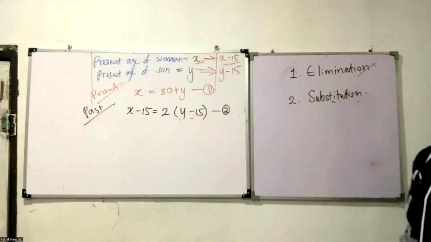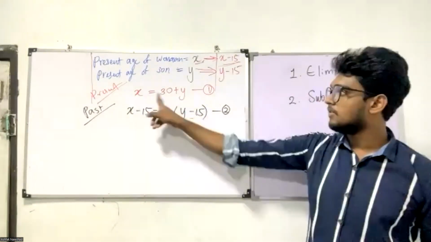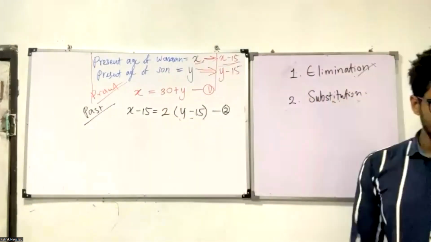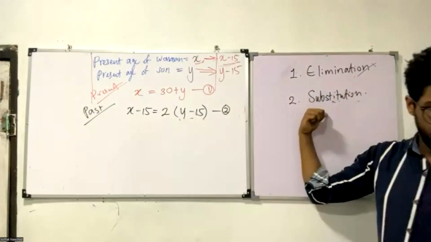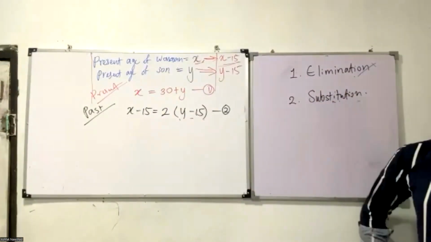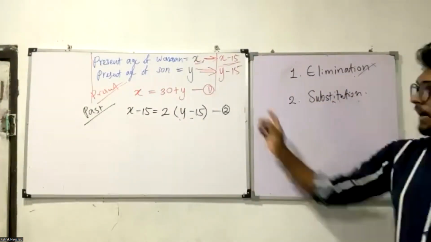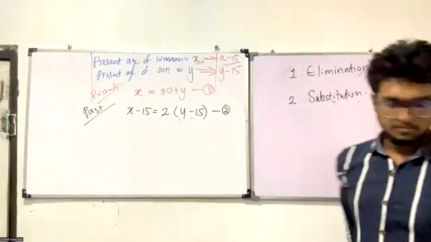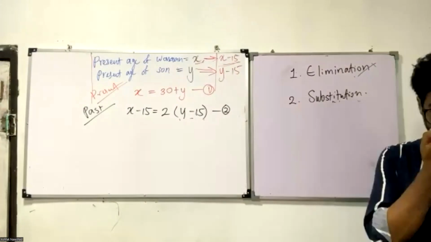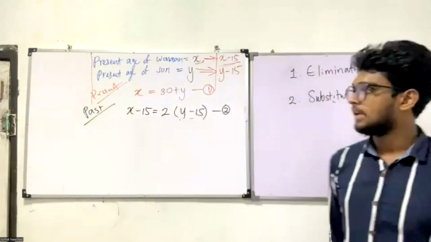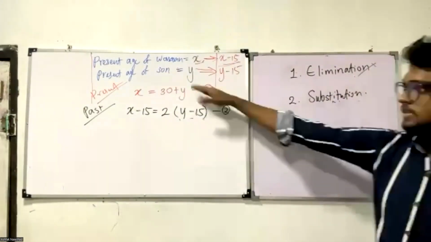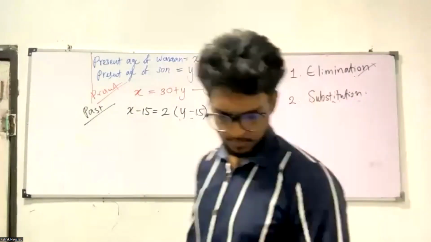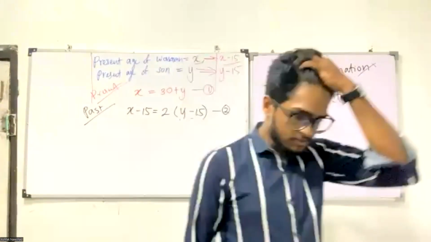Before solving, they have given a value for x directly, so we can use substitution directly. That will be easier. Instead of x, we can write this here. We can use direct substitution without making the coefficients equal. Woman 60 and son 30.